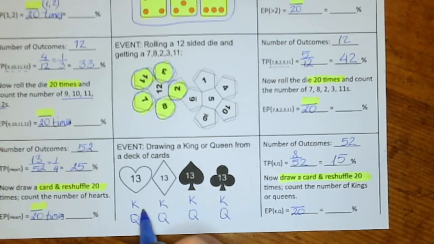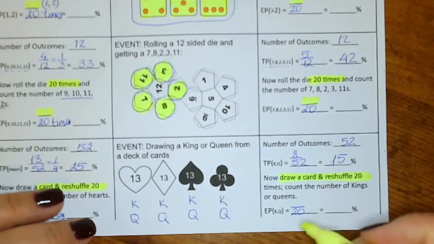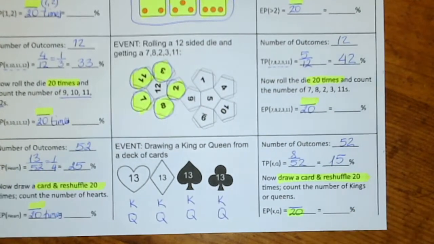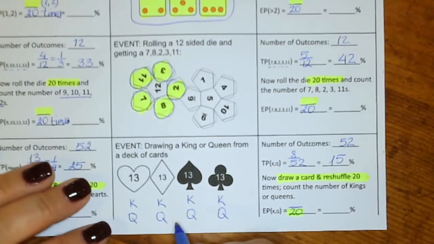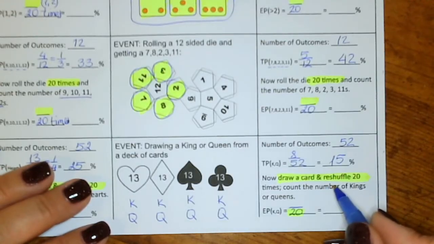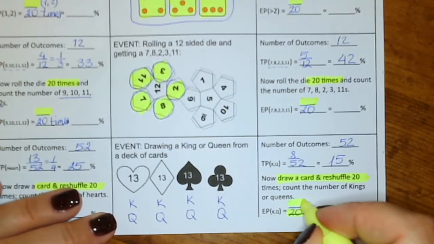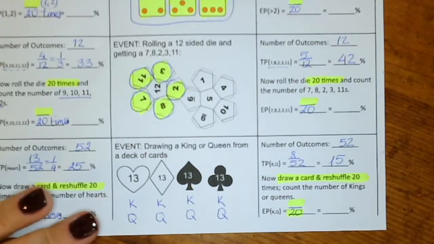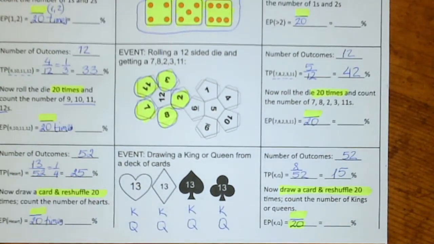Keep tally marks as you perform that experiment. You're going to do it 20 times: draw a card, see if it's a king or a queen, record it, then put it back, reshuffle, and do it again, and see how many times you get either a king or a queen out of the 20 times you perform that experiment.